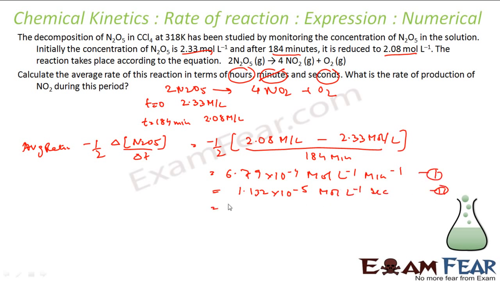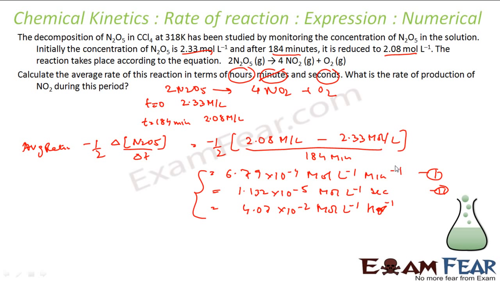If you want to get in hours, then you take this equation 1 itself, multiply with 60, because 184 minutes is nothing but 184 by 60 hours. So if you multiply this with 60, you get 6.79 into 60, it's almost 4.07 into 10 to the power minus 2 moles per liter per hour. So you see the same answer in 3 different units, 3 different values. So the units are pretty important here.